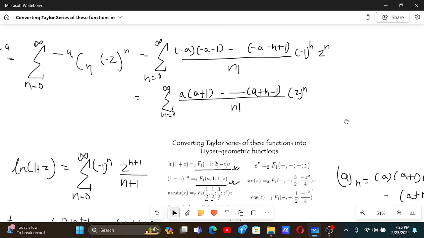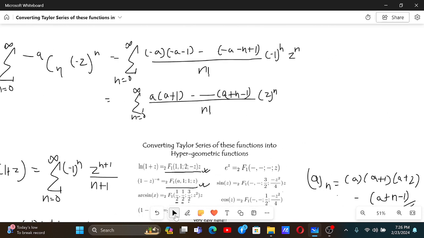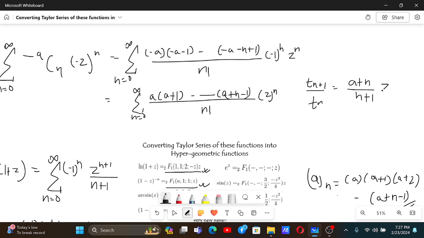Now if we take the ratios of t n plus 1 by t n, what do we get? Over there we will have a plus n, over here we will have n plus 1, and over there we will have just z.